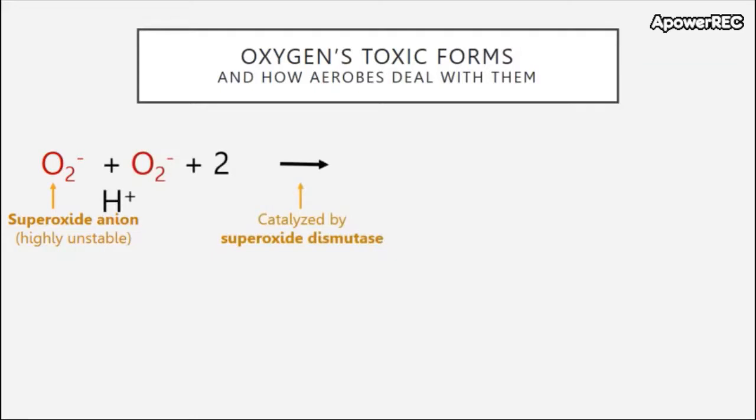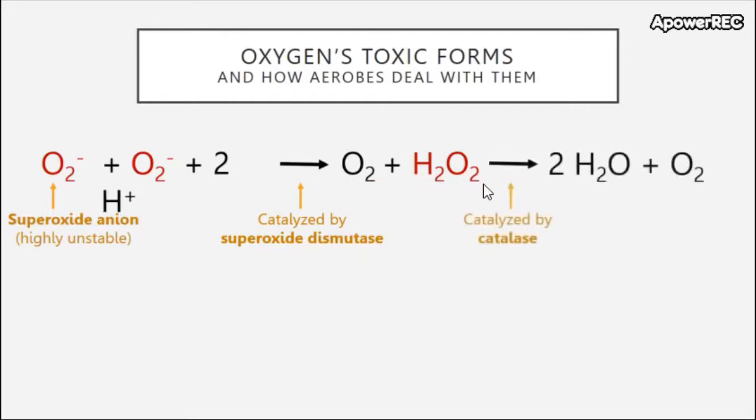So it can react with another O2 here and a hydrogen here and create an O2 that's not an anion and a hydrogen peroxide, or H2O2. This process is catalyzed, or moved along, by an enzyme called superoxide dismutase. So this enzyme drives this reaction forward.